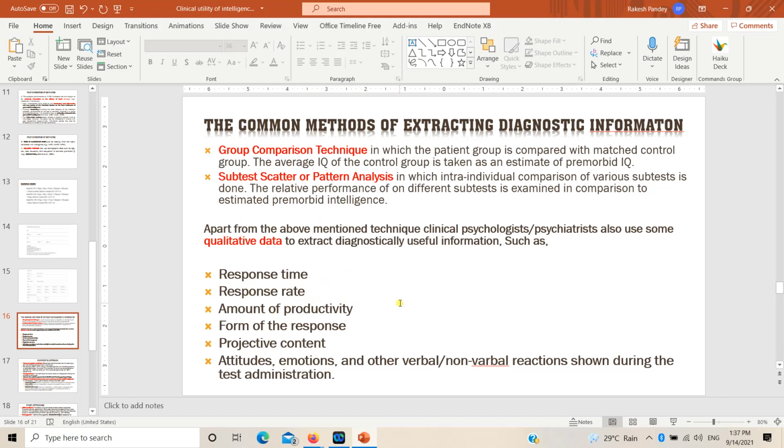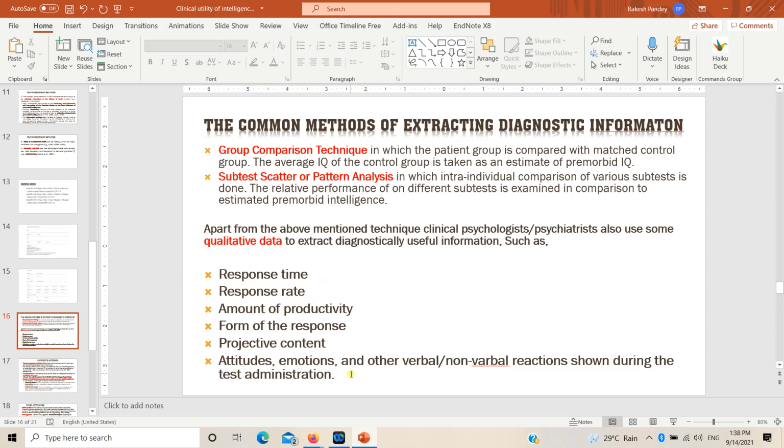Suppose I am showing block design and then he regresses into childhood and shares something about his past. When I was a child, I was doing this and that. I will make a note that this block design test has activated the past schema.